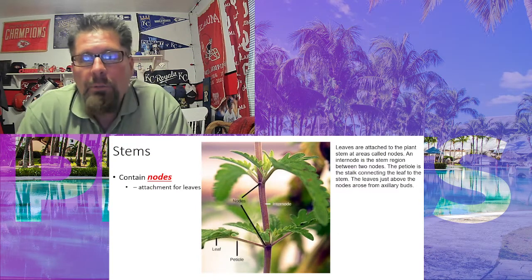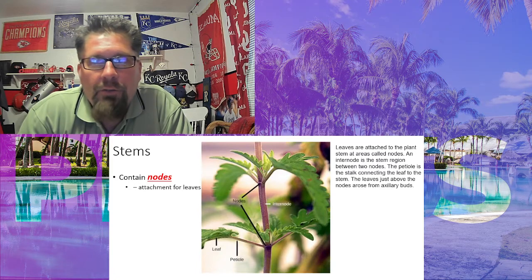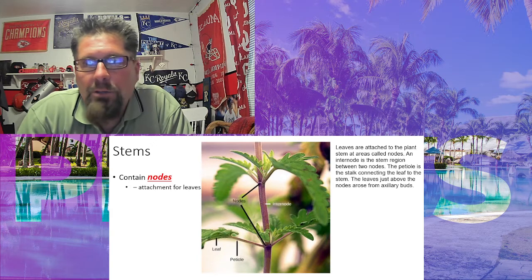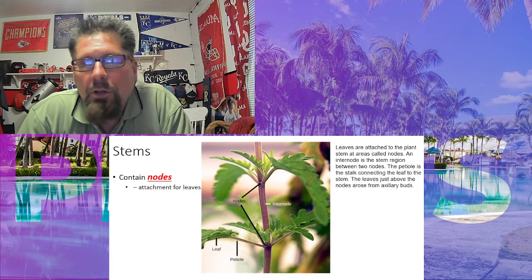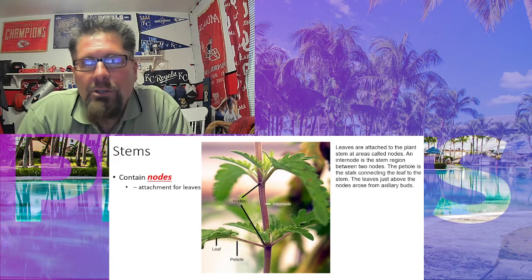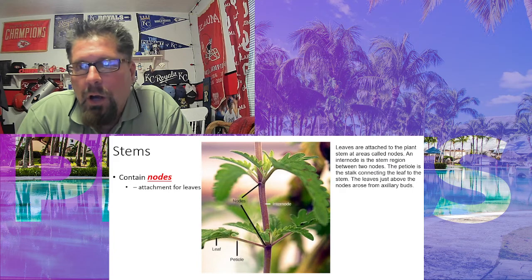Now, when we're talking about parts of a plant, everything that I say as far as definitions is in that little section of text to the far right of the diagram below me. But you've got your node section. Nodes are where the stems are attached. The leaf stems, the petioles, are attached to the stem.